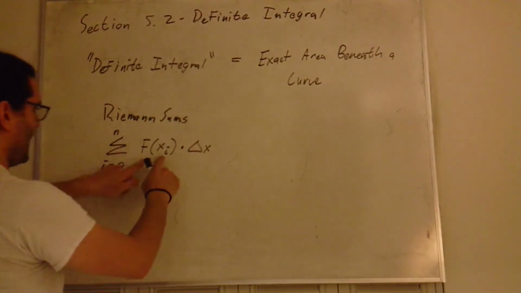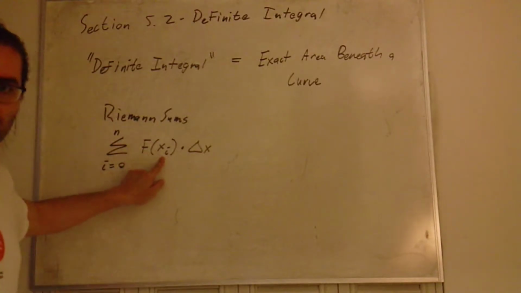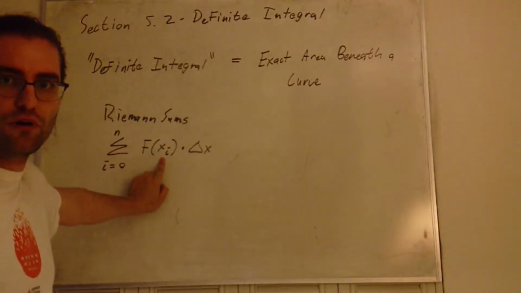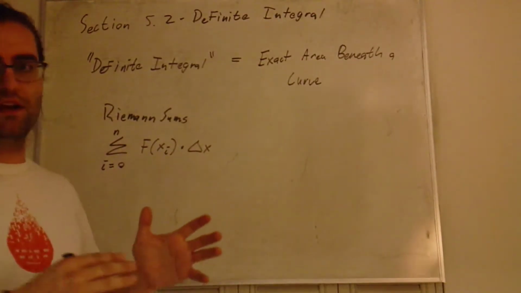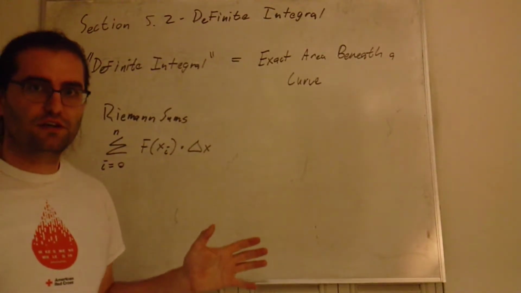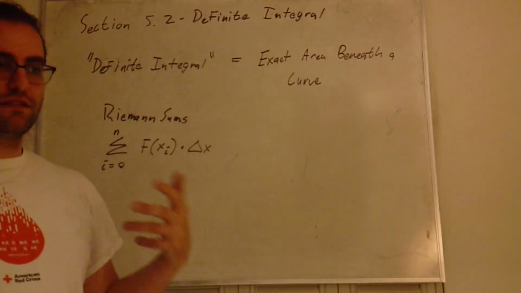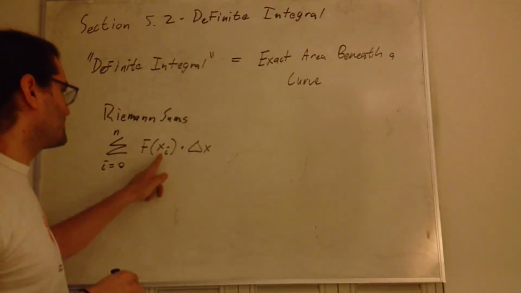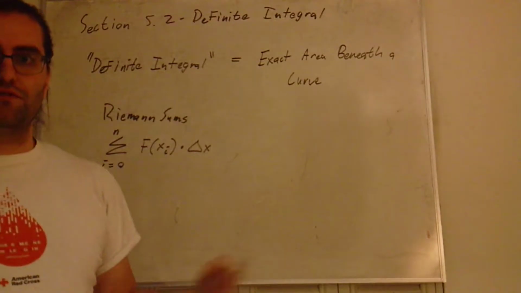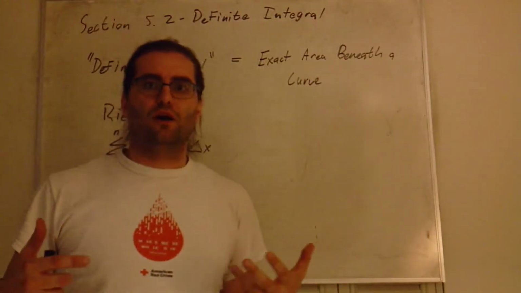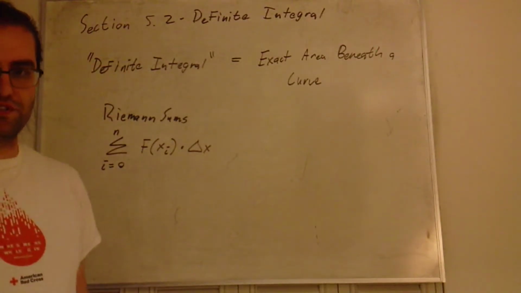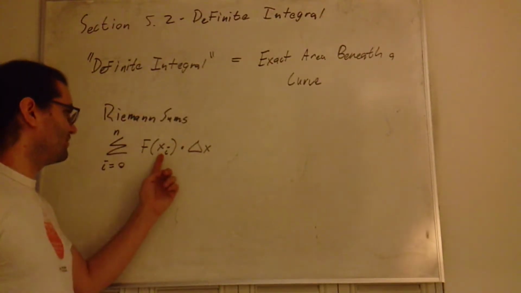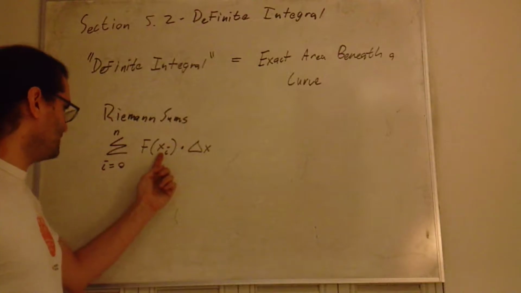Like x sub i was the fancy book notation for all of the different endpoints across the interval. So when we had an interval from 0 to 6 with 6 subsections, our x sub i's were 0, 1, 2, 3, 4, 5, 6. When we did that in 3 sections, these x sub i's were 0, 2, 4, and 6. So these are just like your indexed x values.